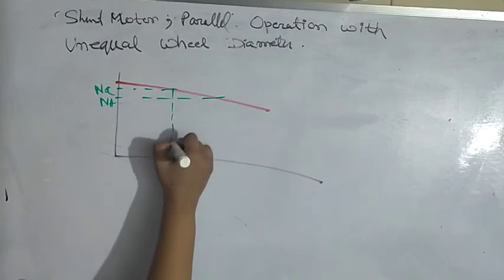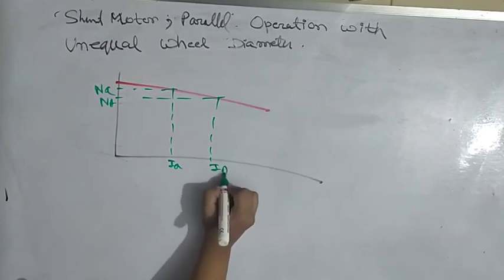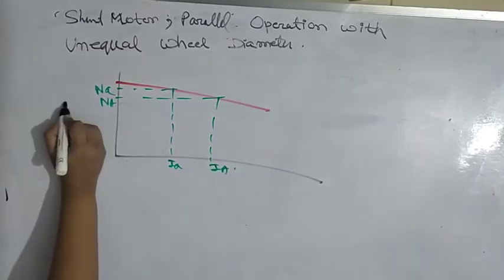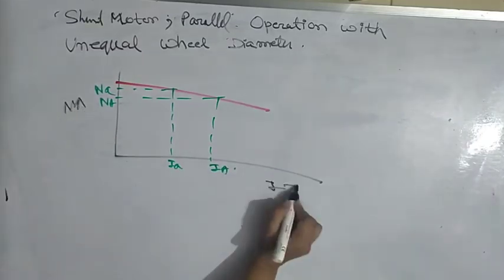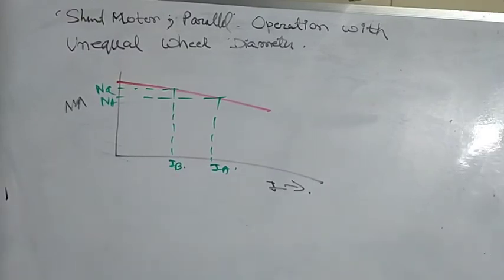This is for the first machine, this is for the second machine. Now consider two shunt motors having identical speed current characteristics driving a car, and now it can be seen from this figure that IB is much less compared to IA.